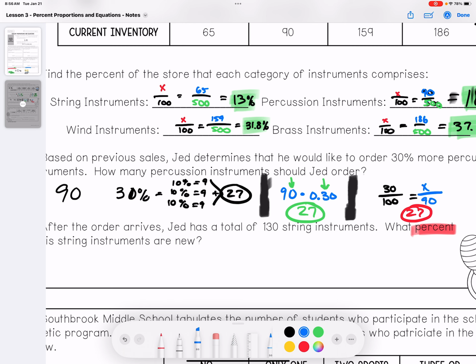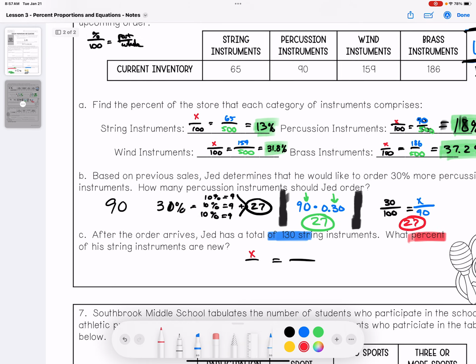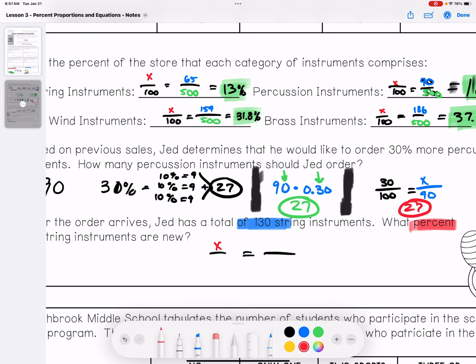What do we know? Has a total of 130. That's the total. So let's set up our proportion. We're looking for the percent, right? We know that he has 130 now. Well, what's the part, Coach?